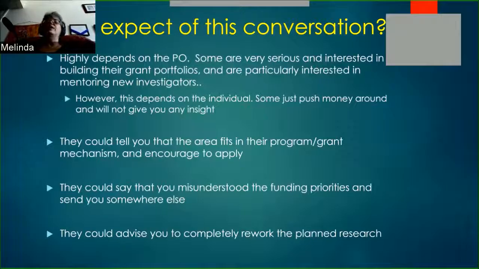There's a new investigator in my department who submitted, I think, an R03, and she got the score back that looked like it was fundable. She waited a few days like you should, and then she sent the PO an email saying, do you have time to talk about that? Should I be planning on resubmitting this grant?